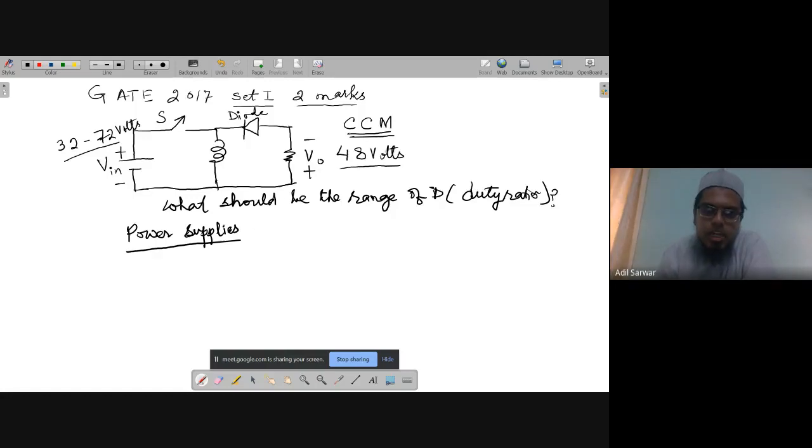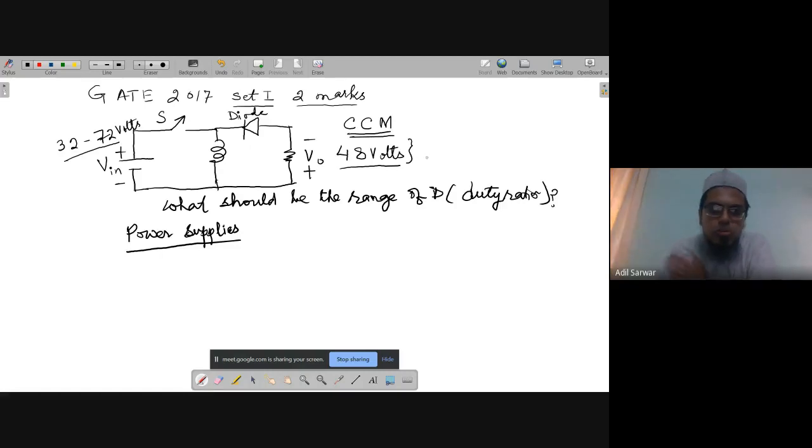That means the output voltage is not allowed to vary, although a certain delta V variation is allowed, say of 1 volt. So it is not allowed to vary beyond 1 volt.